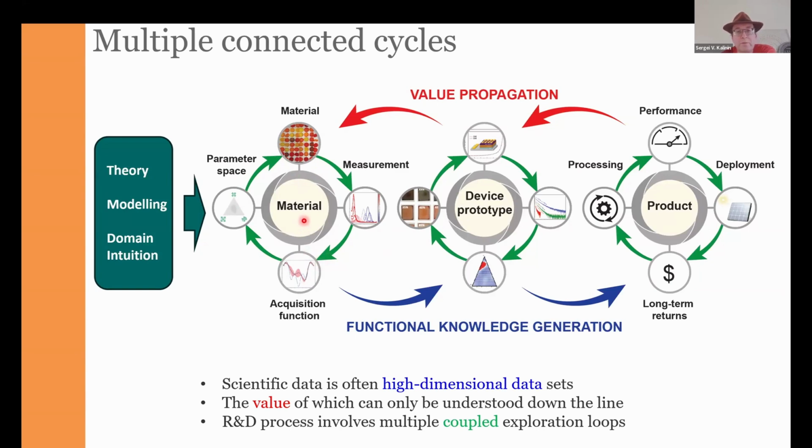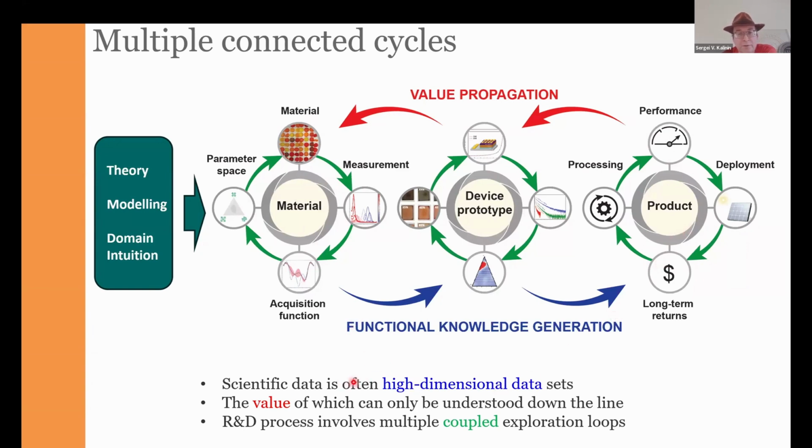And then we start to move from materials to device prototypes to products, and things become much, much slower. So we can say in general that the fundamental knowledge propagates from lab to the fab, and the value in some sense propagates reversely from fab to lab. The problem is that some of these feedbacks are very slow. As you know, optimizing battery technology can take years.